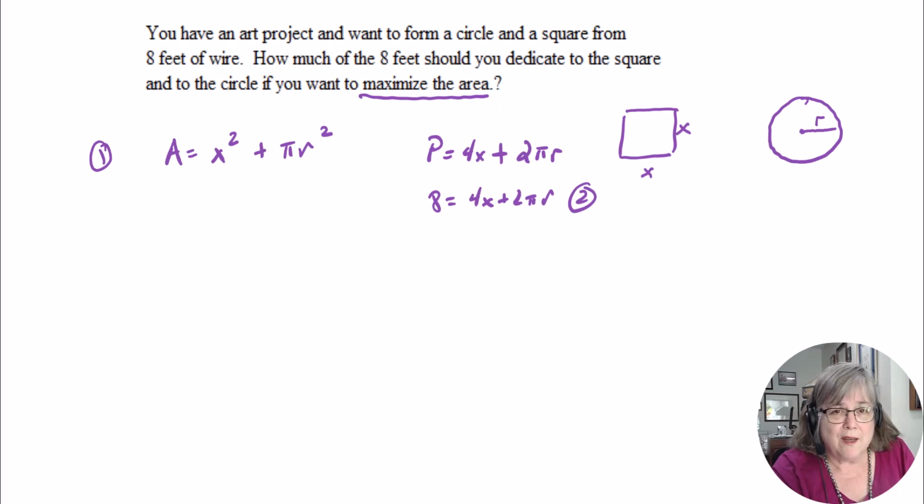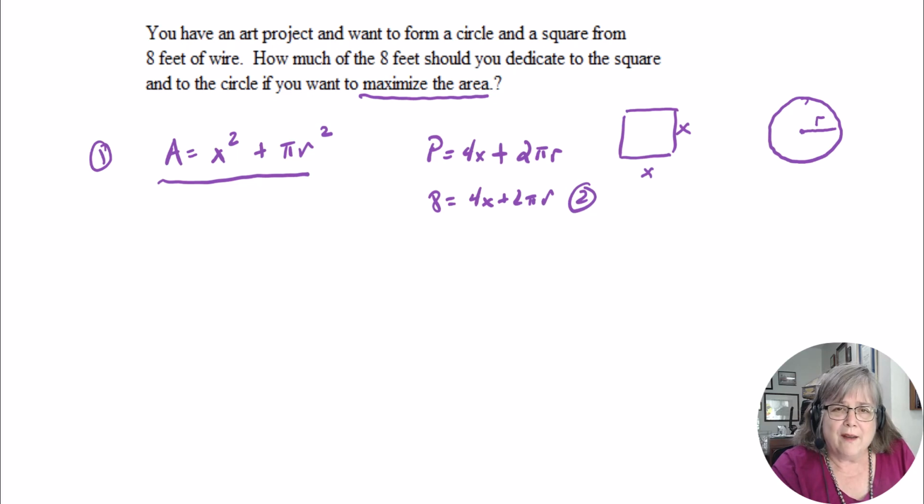So you want to keep that one. That means you're going to have to fold the information that comes from the perimeter into that. So this is the one we want to keep, and then we're going to utilize the perimeter equation.